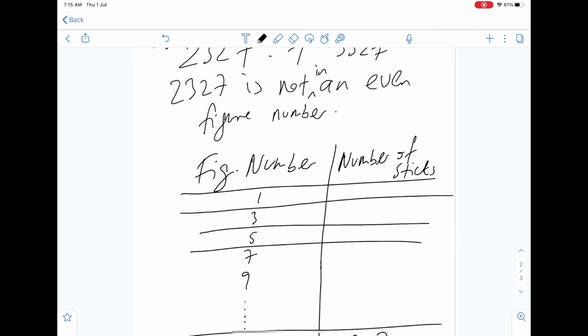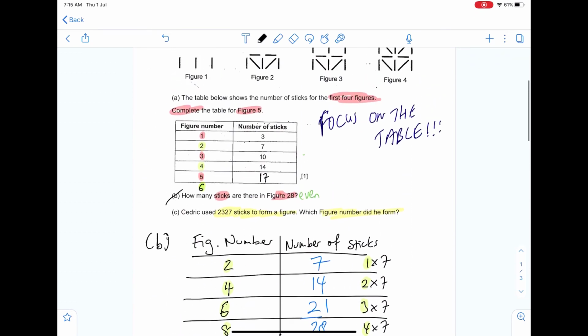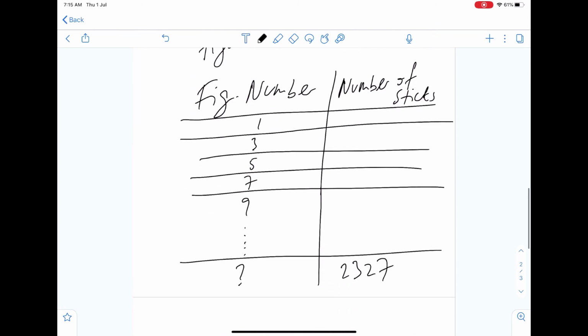So let's discuss this. When the figure number is 1, the number of sticks will be 3. Then here will be 10. Here will be 17. As you can see, you're adding 7. It's not multiples of 7, but you're just adding 7 to it. So 3 plus 7 is 10, 10 plus 7 is 17, 17 plus 7 is 24, 24 plus 7 is 31, and so on.